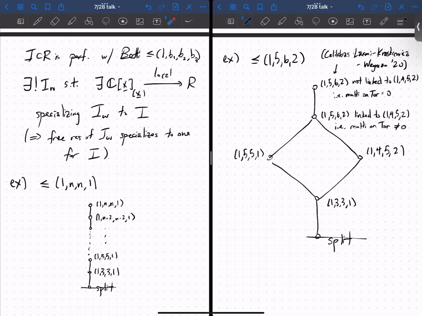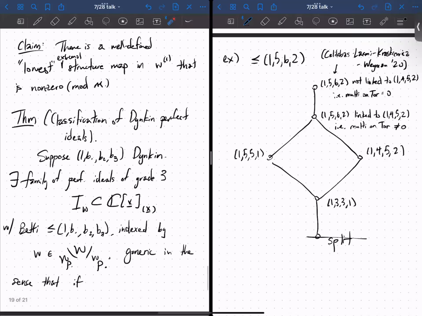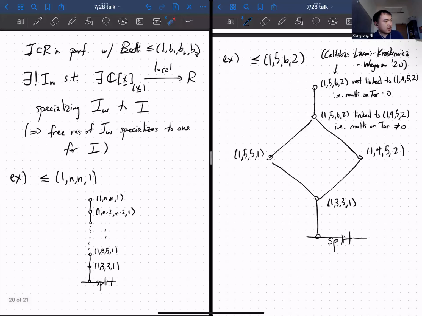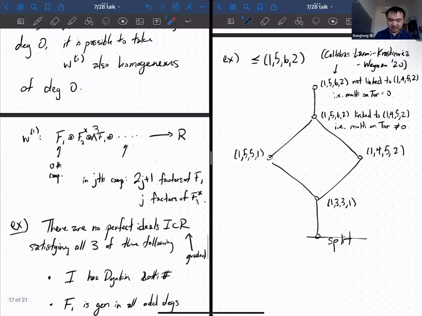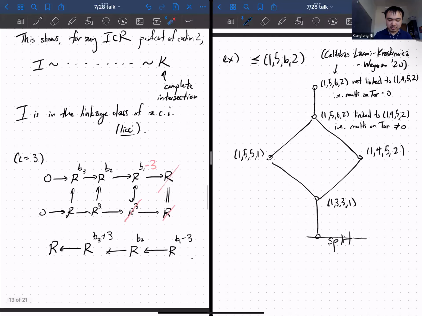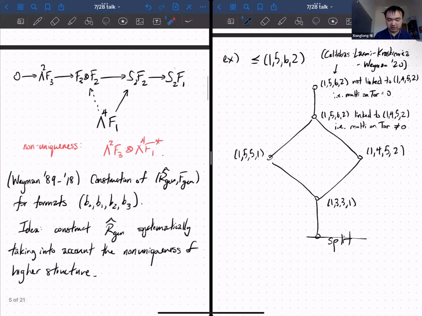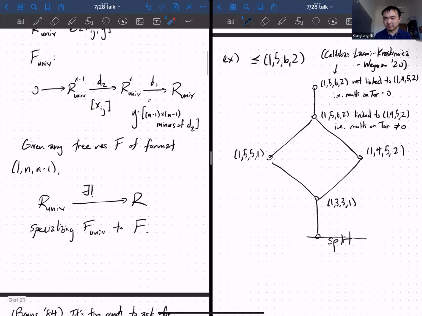You gave a reference to a linkage result of Ferrand and Peskine. Is that only true for regular rings? I believe that's true when R is just Gorenstein, but if someone with more knowledge wants to correct me, go ahead. I think Gorenstein is good enough. The main reason I started out by imposing that it be regular is that the main setting of interest when you talk about perfect ideals is when the ambient ring is regular.